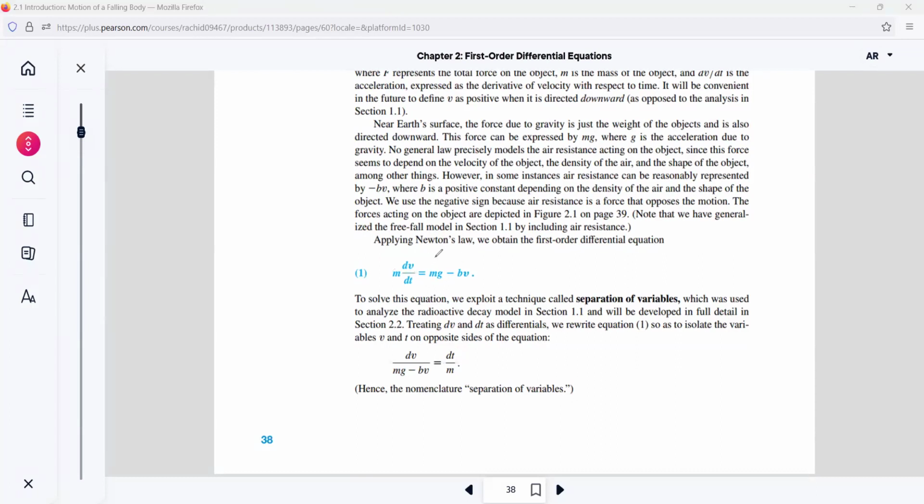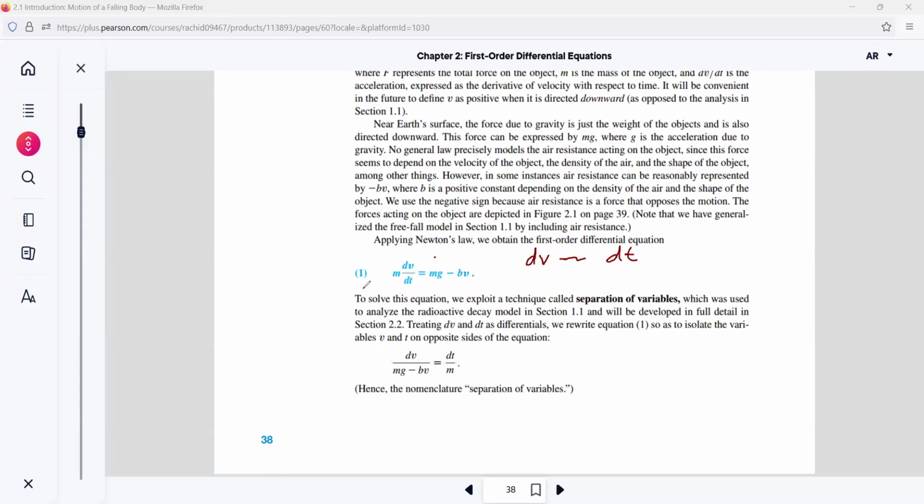Okay, so separation of variables, we see here that we have dv and we have dt, so it means you need dv on one side and dt on the other side. So what happens if I multiply by, I have m dv over dt, so I don't want dt to be with dv, so I need to multiply by dt, and we have m.